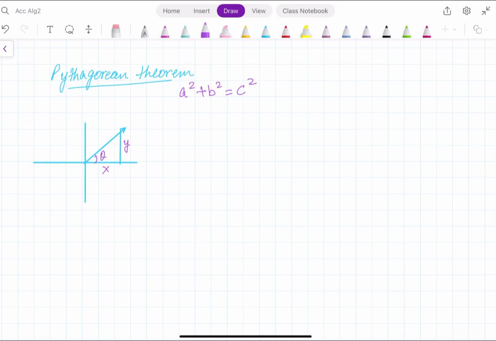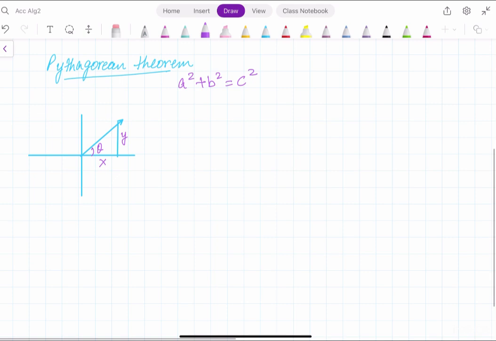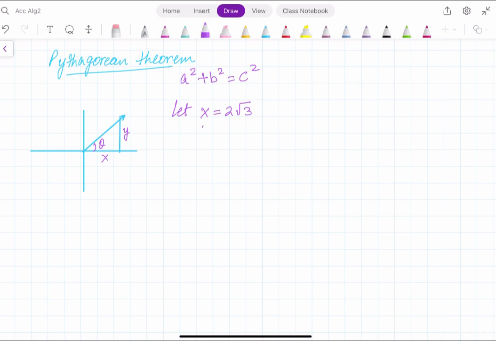So let's define x and y. Let x be equal to 2 radical 3 and y be just 2. Now we have two legs of the triangle that are given.